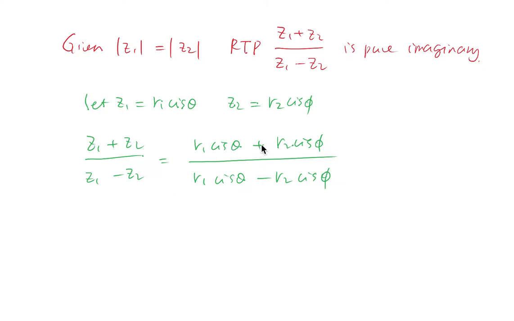R1 equals R2, so all the R's get cancelled. So Z1 plus Z2 divided by Z1 minus Z2, you're just left with cis theta plus cis phi divided by cis theta minus cis phi.